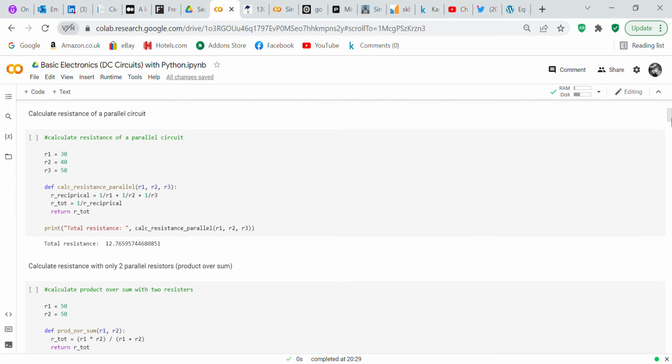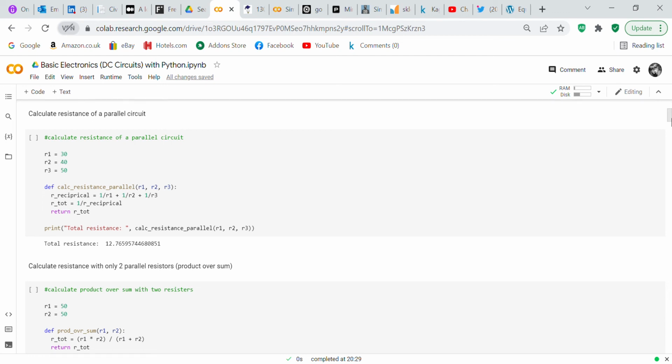The next thing we're going to do is calculate the resistance of a parallel circuit, and that's what we've done in the previous website. So again, you've got 3 resistors in parallel, R1, R2, R3, 30, 40, and 50. And you know that the total resistance is going to be lower than the lowest resistance. So you define your function, def calc resistance parallel.